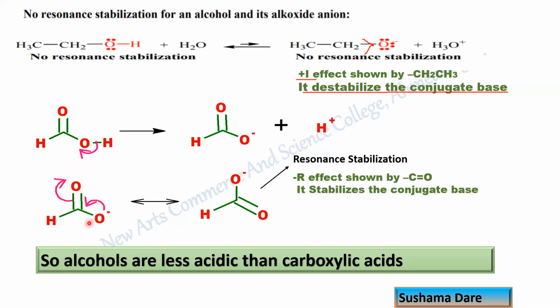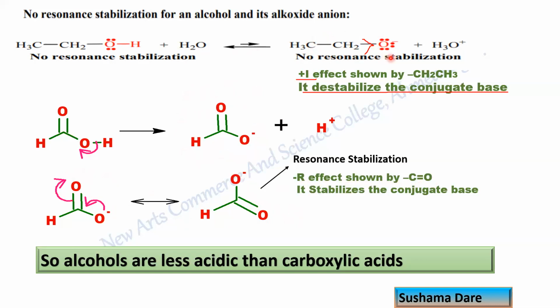Because of the delocalization of charge, the structure becomes more stable. So this conjugate base is less stable as compared to that conjugate base. The stability of the conjugate base is more important, and the minus R effect shown by the carbonyl group is the key factor, which stabilizes the negative charge by delocalization.